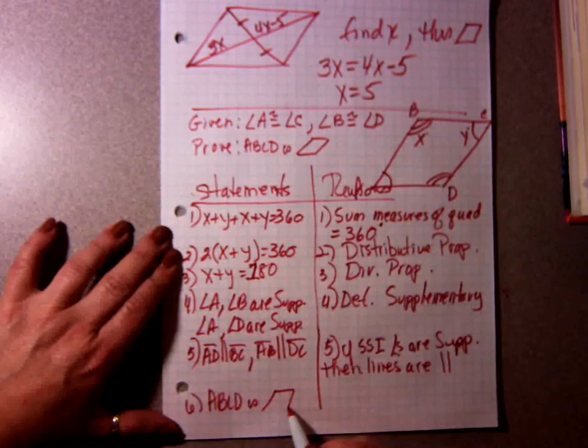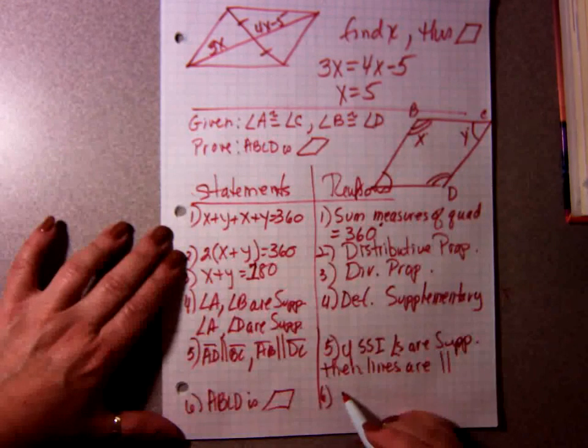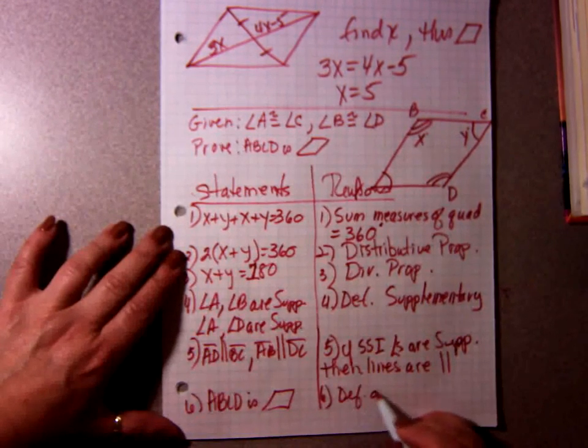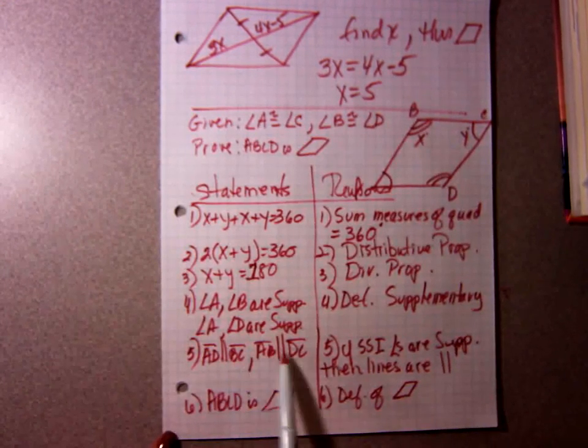And ABCD is a parallelogram because of the definition of parallelogram, which says that you have two pairs of parallel lines.